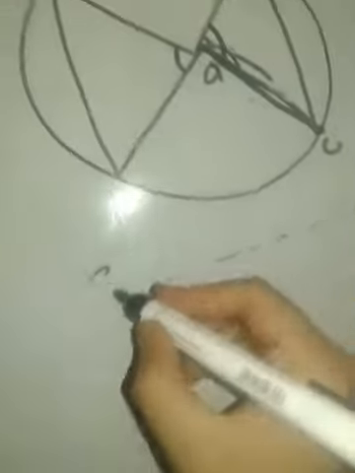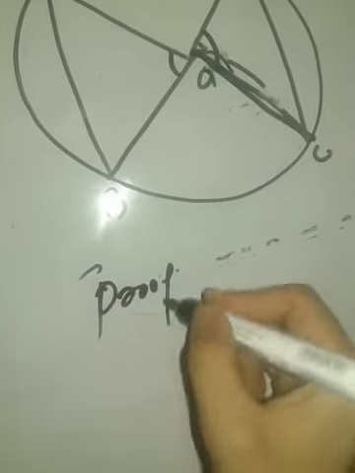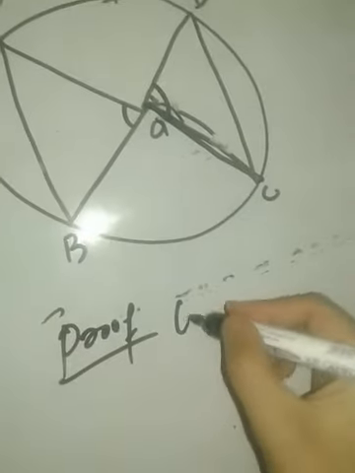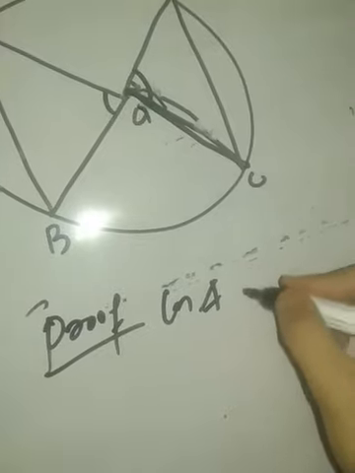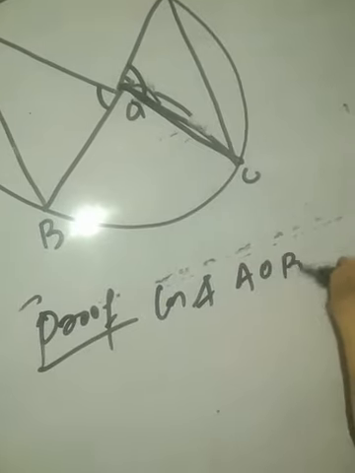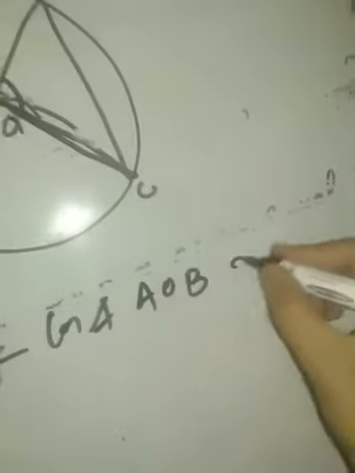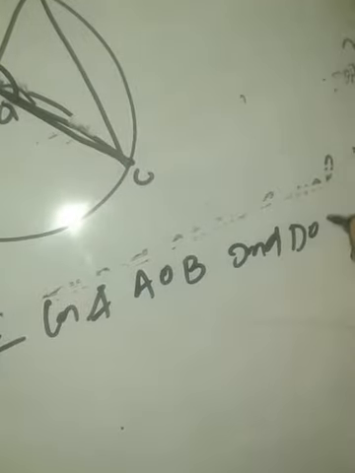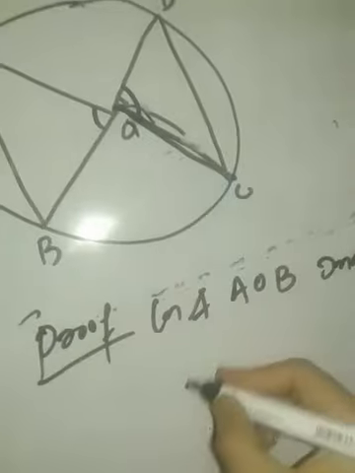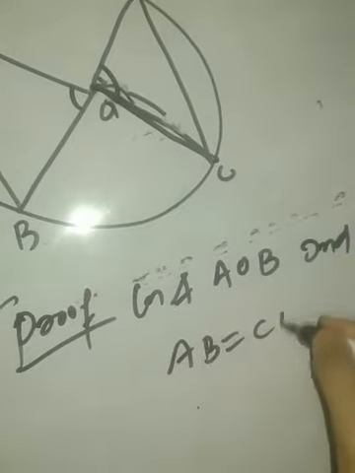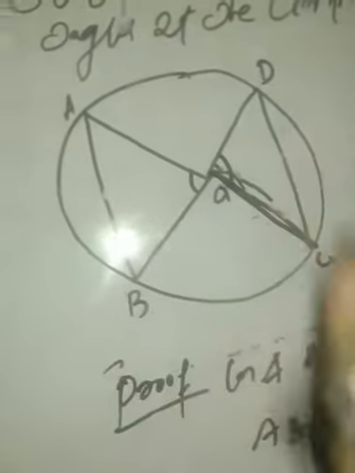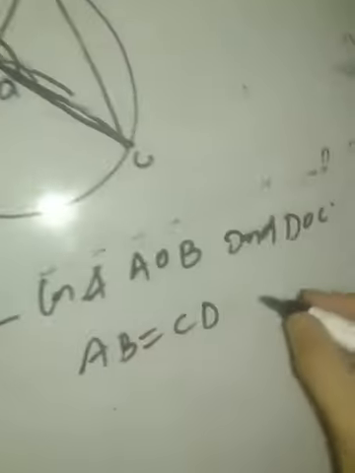We will write proof. In triangles AOB and DOC, AB equals CD, because this is given, chords are equal.